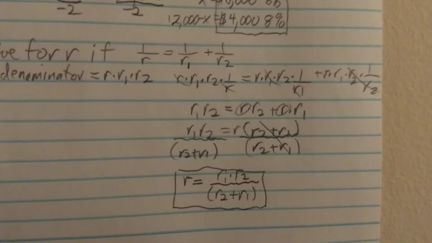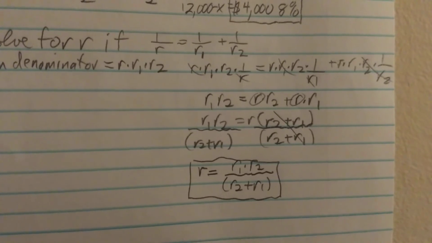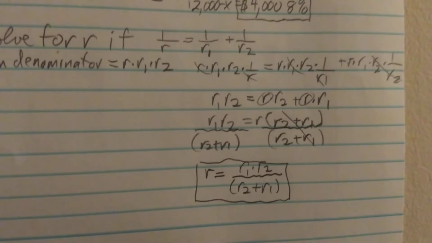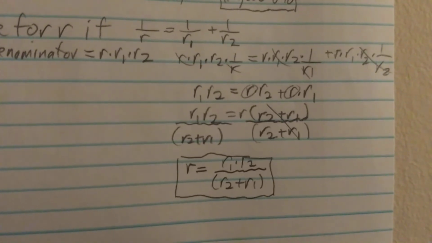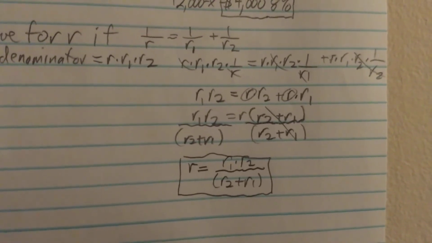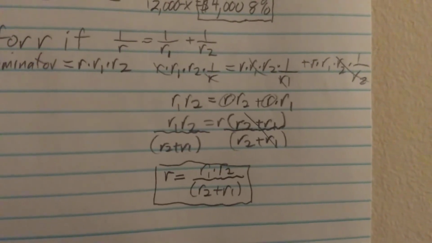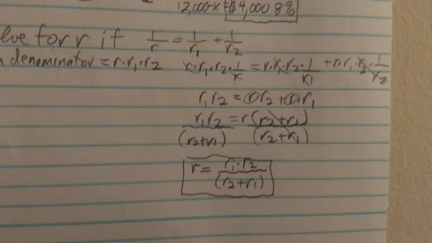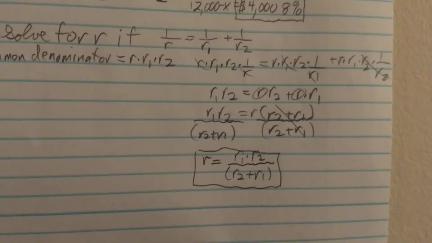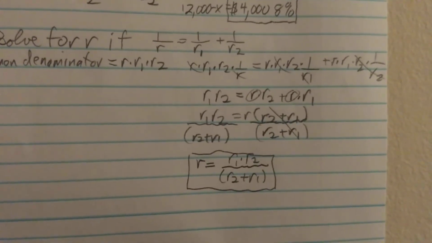So doing that for all 3 parts, I have r times r1 times r2 times 1 over r, cancels the r's, equals r times r1 times r2 times 1 over r1, cancels the r1's, plus r times r1 times r2 times 1 over r2 cancels the r2's, leaving us with r1 r2 equals r times r2 plus r times r1.